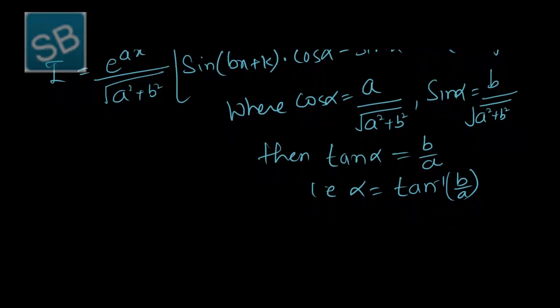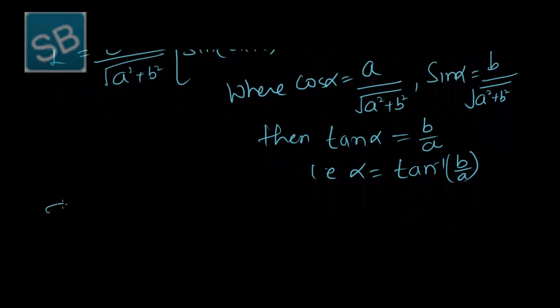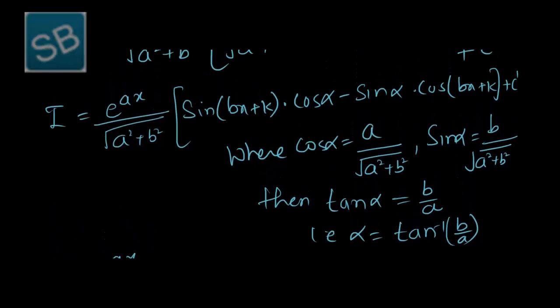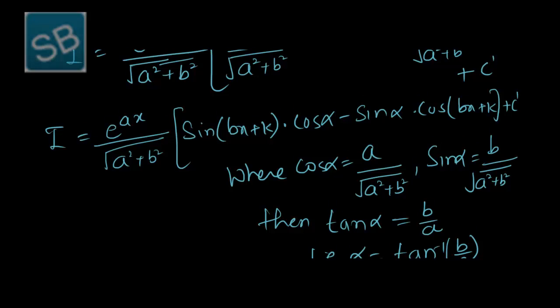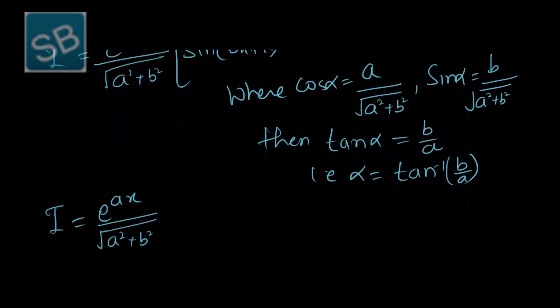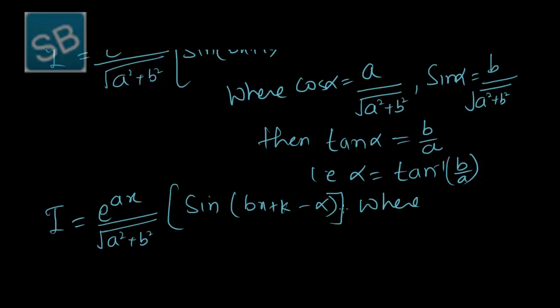Therefore, I becomes e raised to power ax over under root (a square plus b square) times sin A cos B minus cos A sin B. So it becomes sin (A minus B), that is sin (bx plus k minus alpha) plus c dash, where alpha is tan inverse b over a.